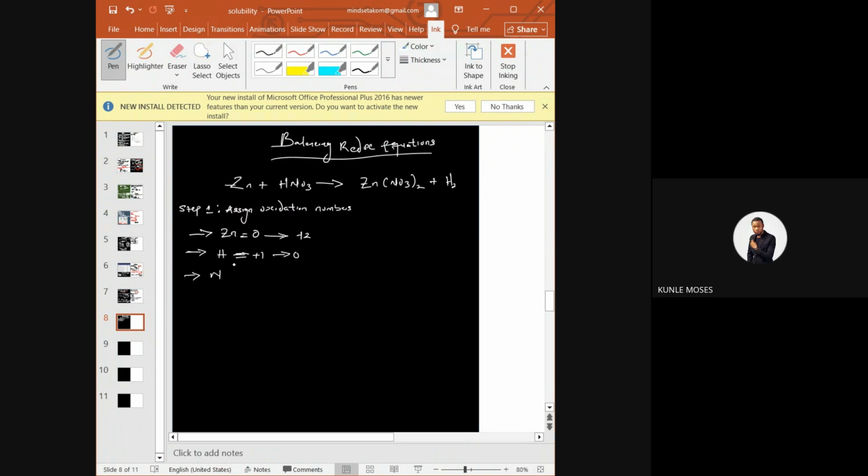The oxidation number of nitrogen here and nitrogen there is not changing, so there's no change at all. So N and O here have no change. Now the second step, after identifying your oxidation numbers, is to identify the oxidation and the reduction.